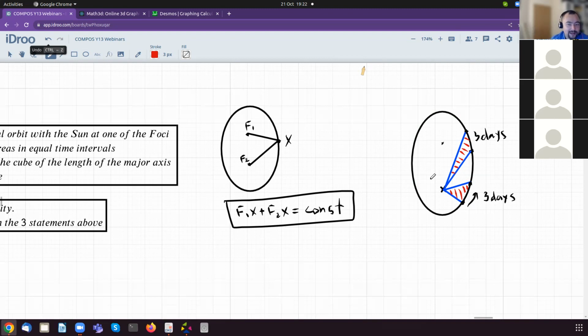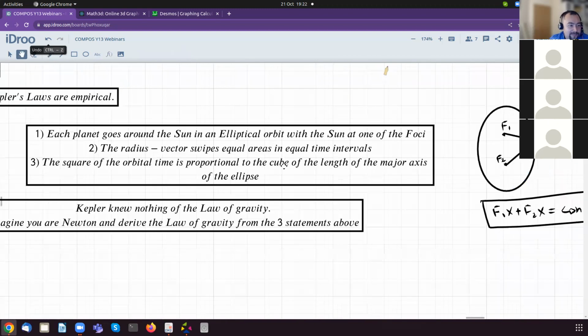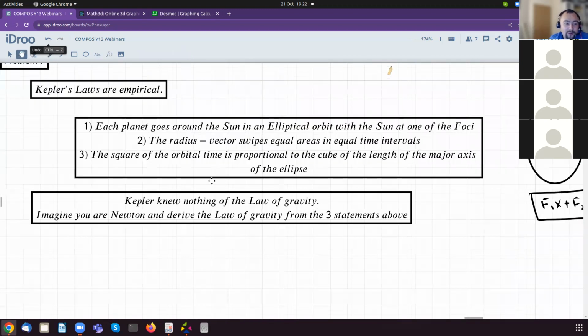Well, not they, him, Kepler, which is really cool. And the third law is that the square of the orbital time is proportional to the cube of the length of the major axis. Well, in other words, for circular orbits, it's proportional to r cubed.